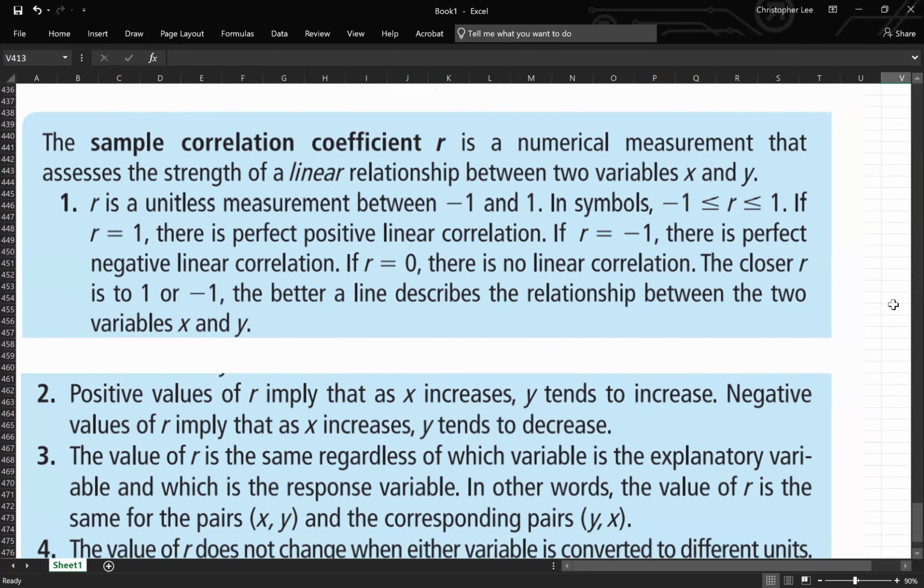The value of R is the same regardless of which variable is the explanatory variable, X, and which is the response variable, Y. In other words, the value of R is the same for the pairs X comma Y and the corresponding pairs Y comma X. Let's get deep for a second.